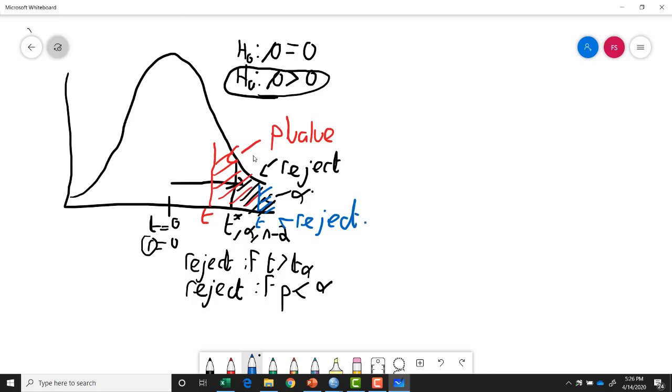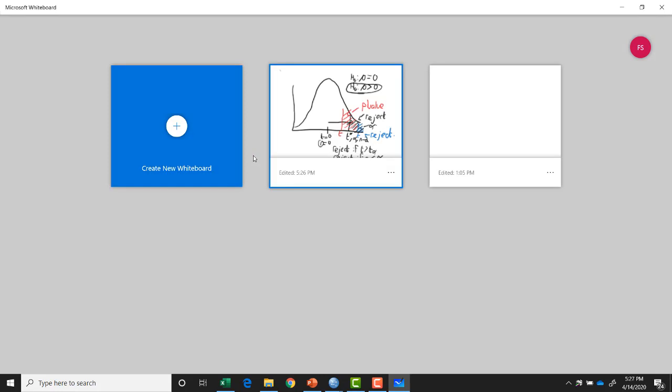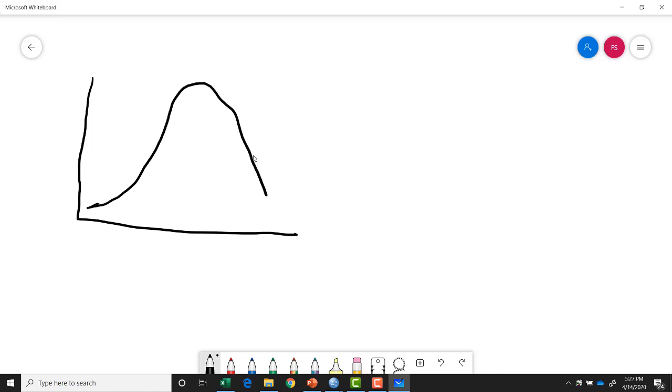So we can actually do it the same for the other way around. So we have my rho equals 0, and HA, we have my rho is less than 0.